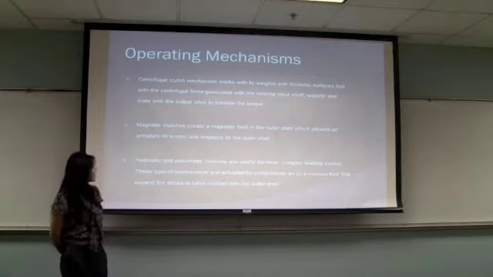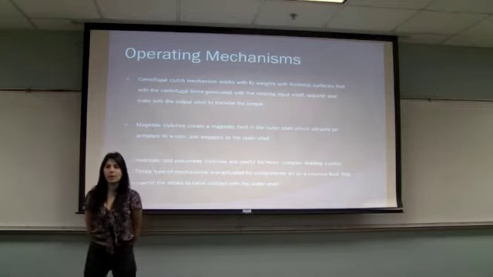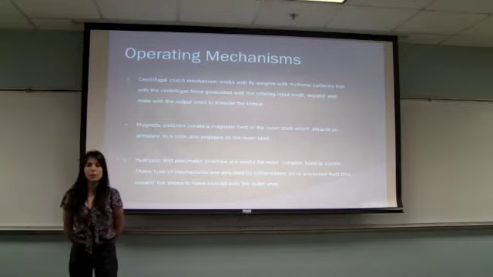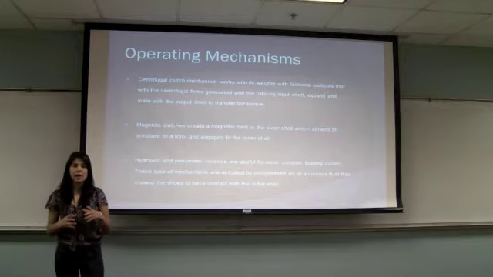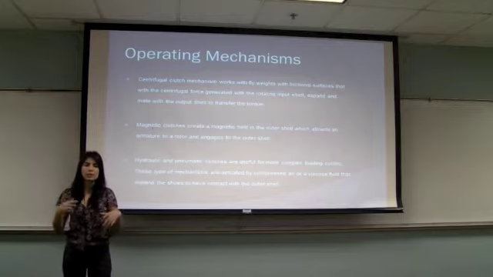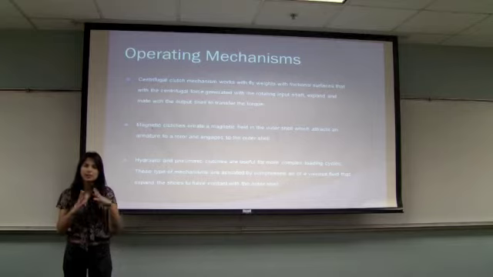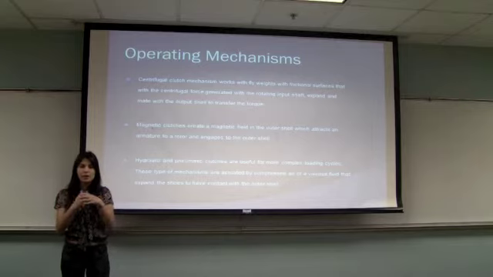There are three types of mechanisms I'm going to talk about for rim clutches. The centrifugal clutch works with flyweights with frictional surfaces that come in contact when the input shaft is rotating, and a centrifugal force expands these flyweights to come in contact with the outer shell.